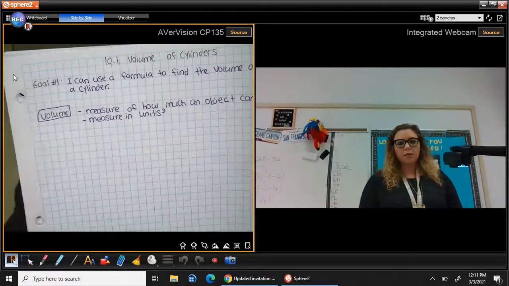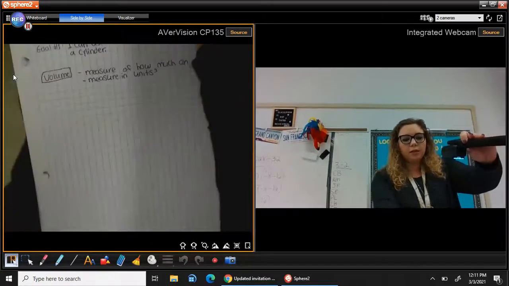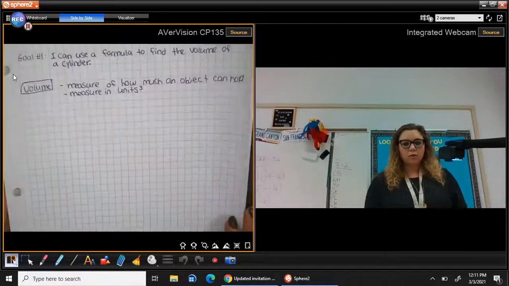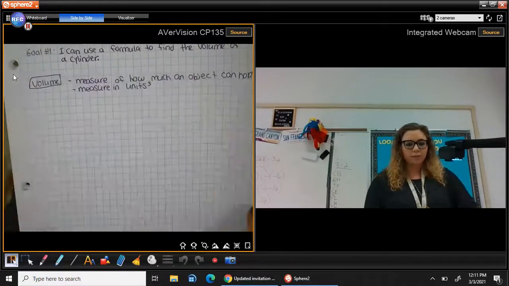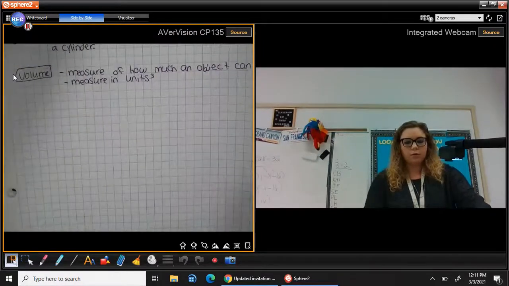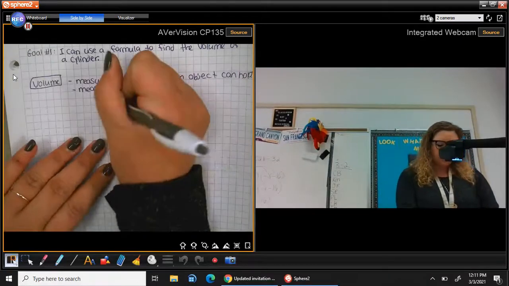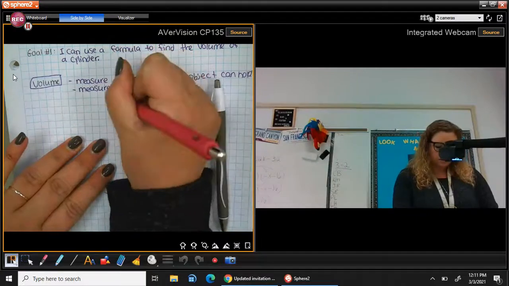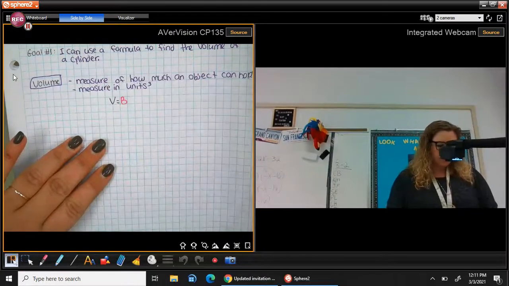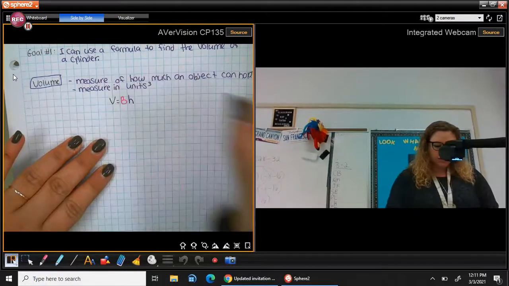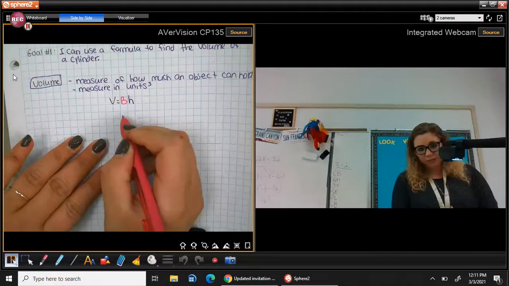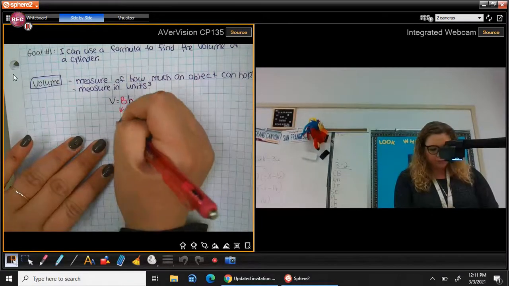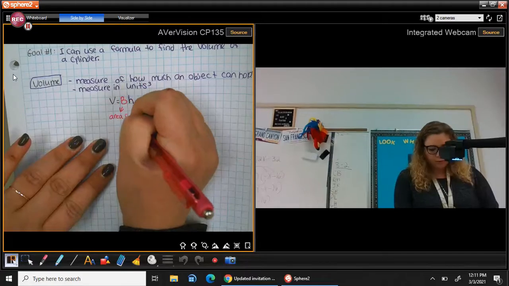Now to find the volume of any object, it is volume equals base times height. So what this capital B means is your area of the base.